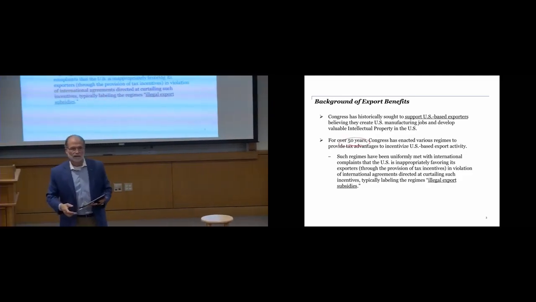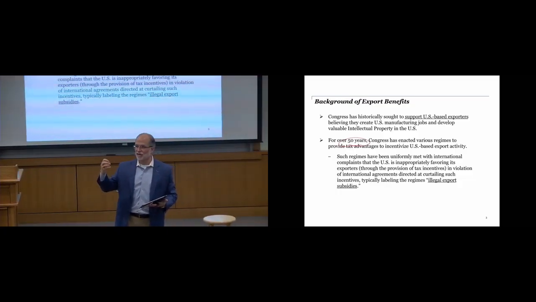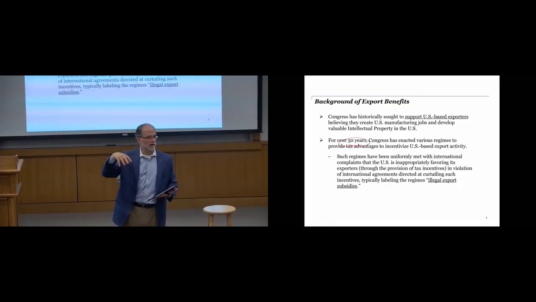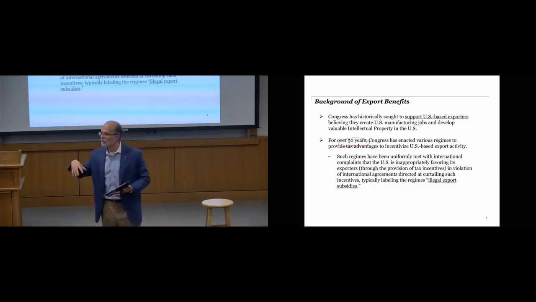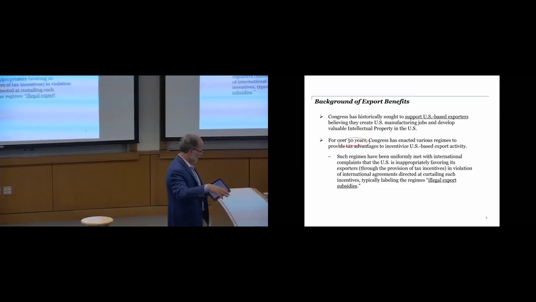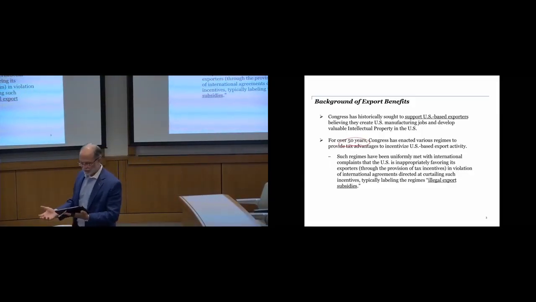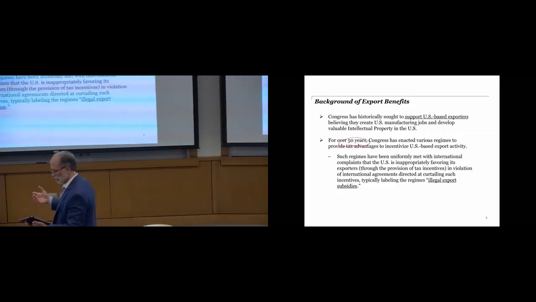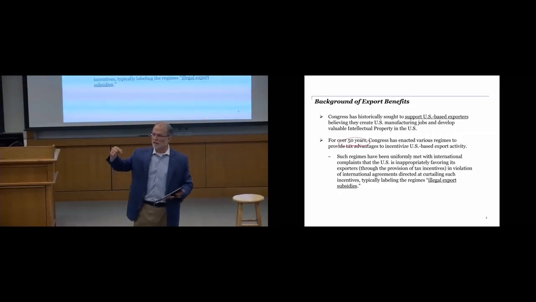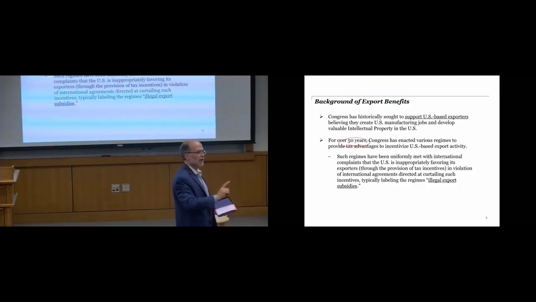This idea of taxing our export activities of our U.S. corporations less heavily than if they did domestic transactions. And that is a desire to support that activity and create U.S. manufacturing jobs, all with the idea of developing intellectual property in the United States and exploiting it globally.